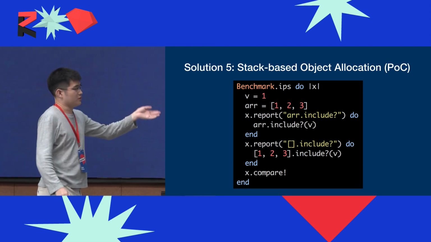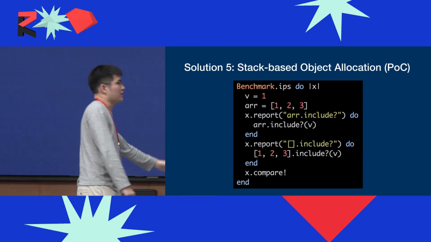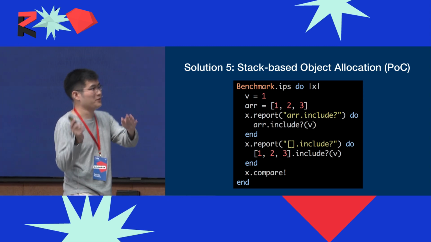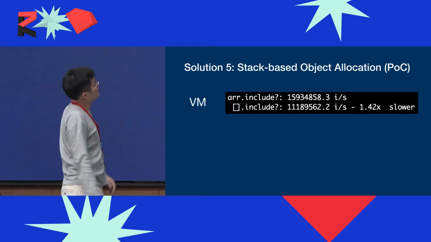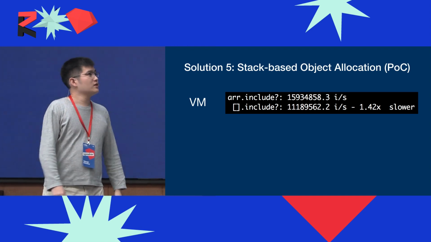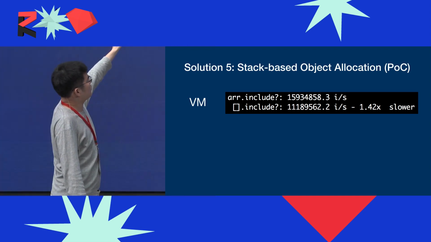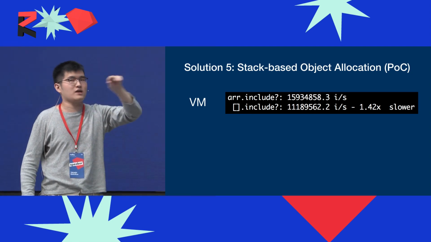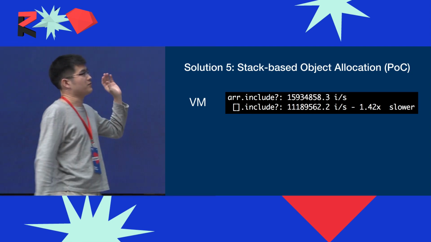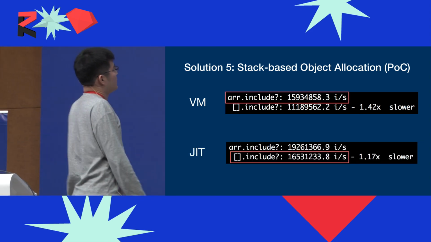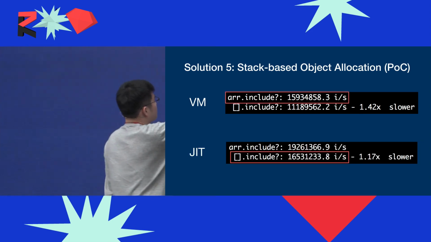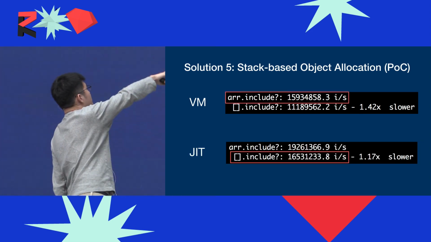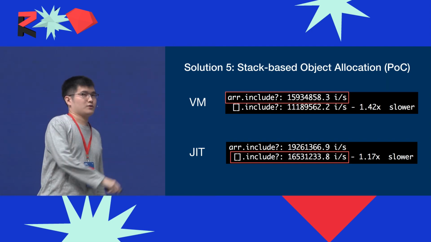But I wanted to optimize this to make programmers happier. So by introducing the stack allocation, originally the allocating version is 1.4 times slower than the cached array version. But by having a JIT compiler, it becomes faster than the original cached version.